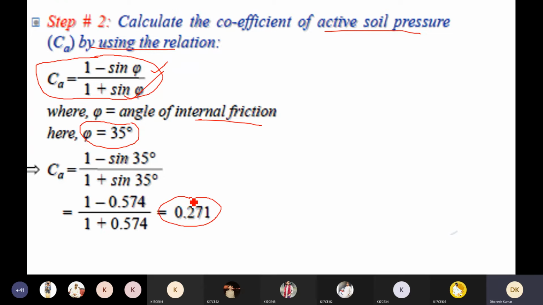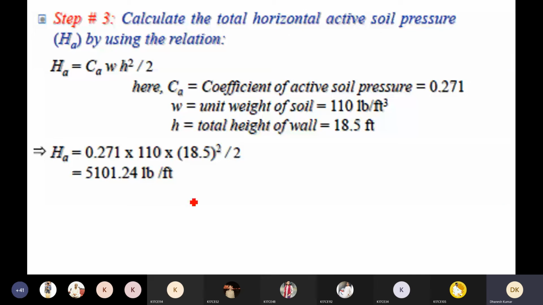Now in our third step we have to calculate the total horizontal active soil pressure. The formula is Ha = Ca W H squared over 2, in which Ca is the active coefficient, which is 0.21, W is the unit weight of the soil, which is given in the problem as 110 lb per cubic foot, and H is the total height of the wall, which we already calculated from the guidelines, that is 18.5 foot.